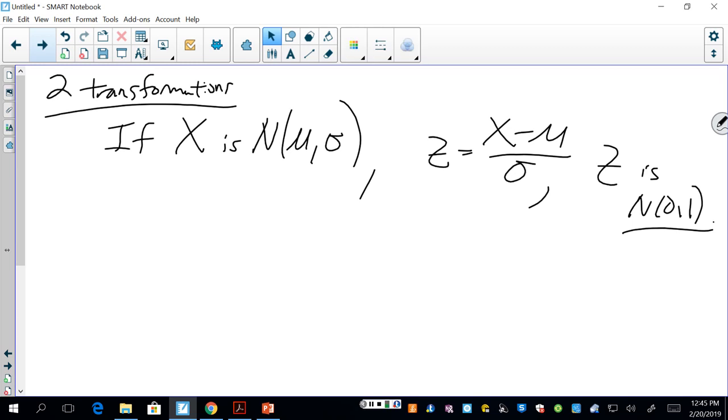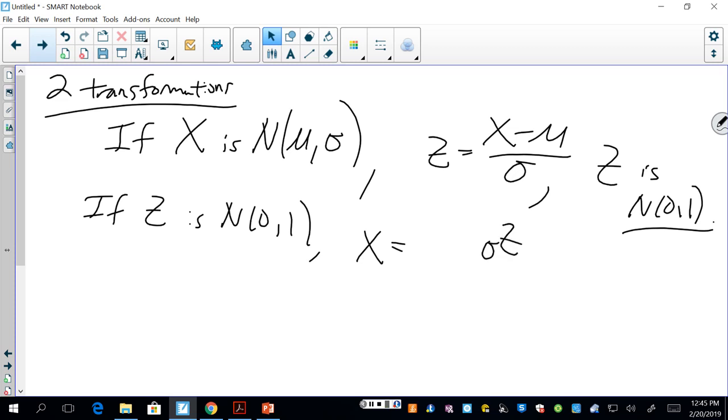Taking this the other way, we start with z is normal 0, 1, the standard normal with mean 0, variance 1, and we undo this transformation. So we solve for x. If we multiply by sigma, we get sigma times z, and we add mu to both sides, we get mu plus sigma z. It turns out that x is a normal distribution on the scale where we would measure some application, with a mean mu and a standard deviation sigma.